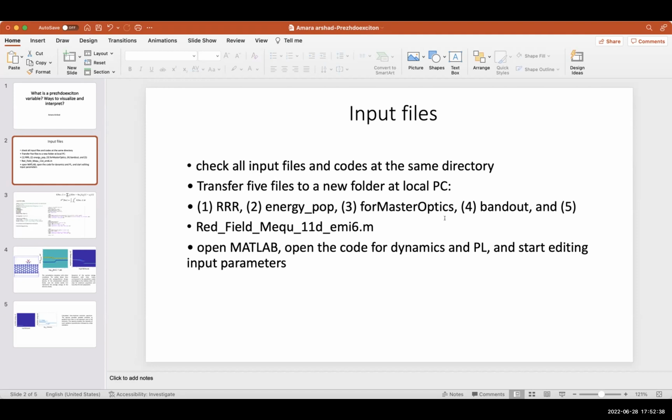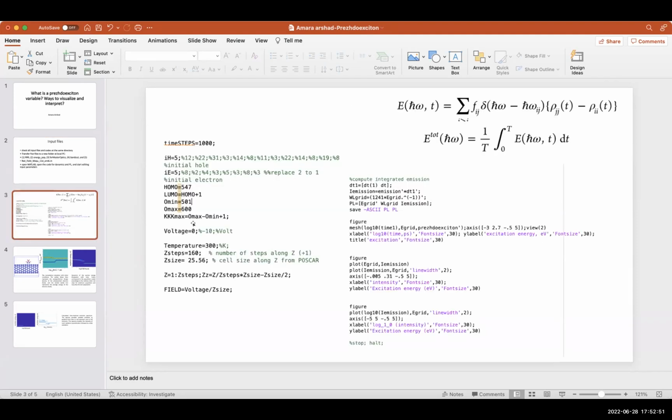We need to make sure that all the files have the same number of lines. So we use the same folder with the MATLAB code, and then we need to open the MATLAB code and make some changes in the input parameters.